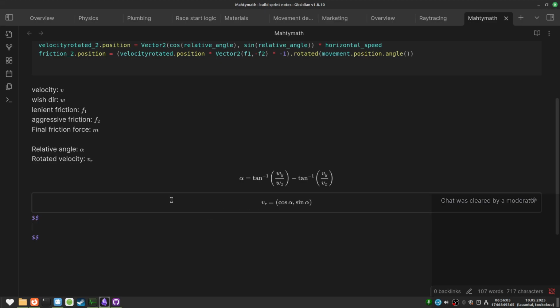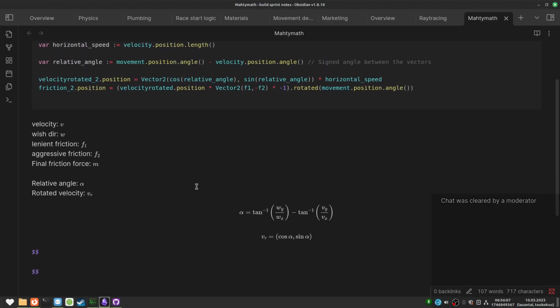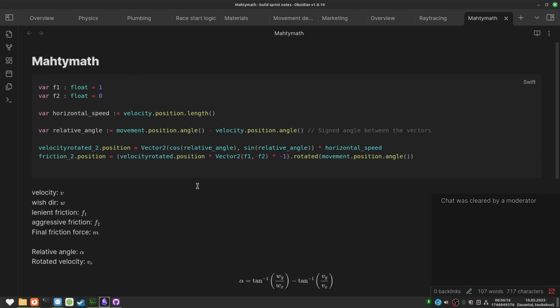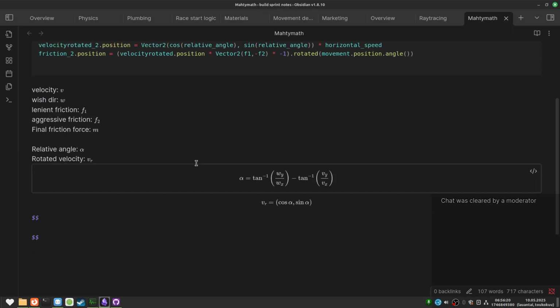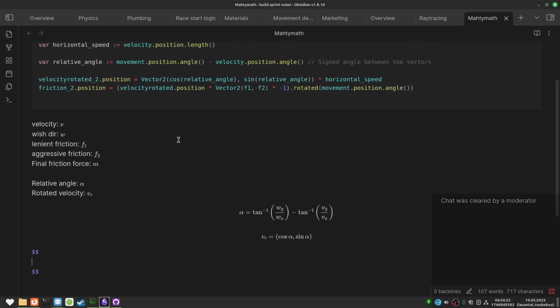Now we have the relative velocity. And then. No, not the relative velocity, we have the rotated velocity.